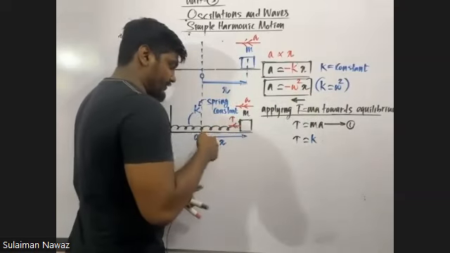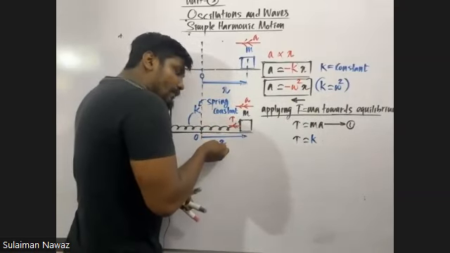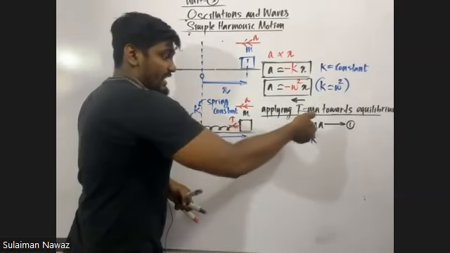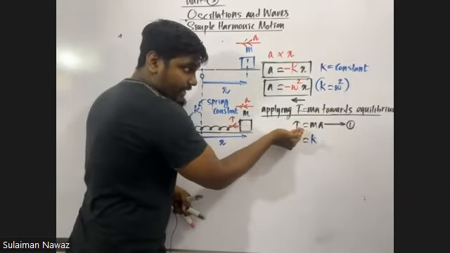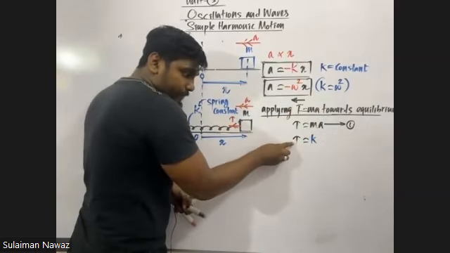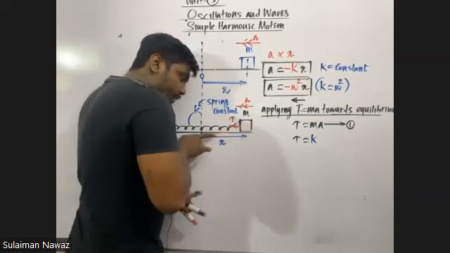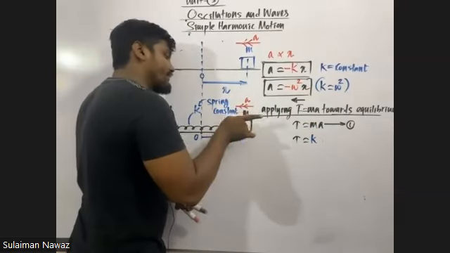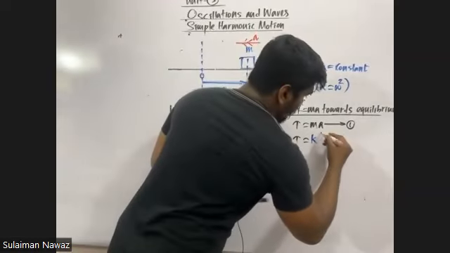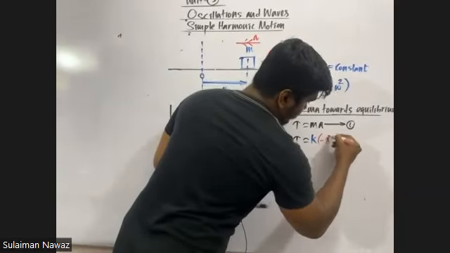The tension force is in the left side direction, right? But displacement is also a vector, and displacement is in the right side direction. I applied F equals ma to the left side direction. So the tension force is in the left side direction, but the displacement is in the right side direction. Therefore we use minus x. You understand why we use minus x?